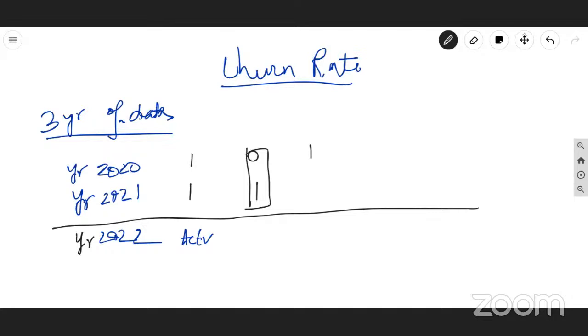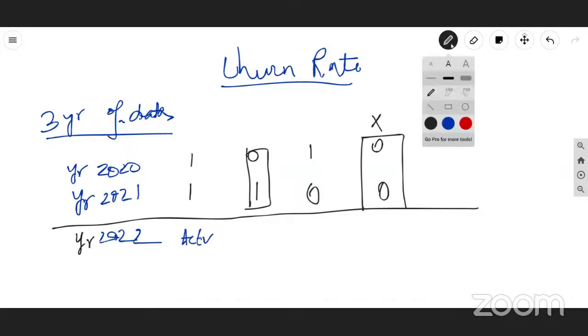Now 11, 01, 10, and 00. 00 will not be there in your database, right? Because the customer neither visited in 2020 nor visited in 2021. So this particular pattern will not be there in your database because nobody visited. 10 means in 2020 the customer visited, but in 2021 the customer has not visited even once.